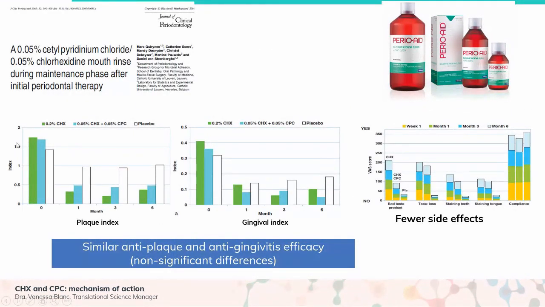And even if we compare formulations with 0.05% chlorhexidine plus CPC with formulations of chlorhexidine 0.2% plus alcohol, both formulations showed similar anti-plaque and anti-gingivitis efficacy after 1, 3, and 6 months, but with reduced subjective side effects for the first formulation.